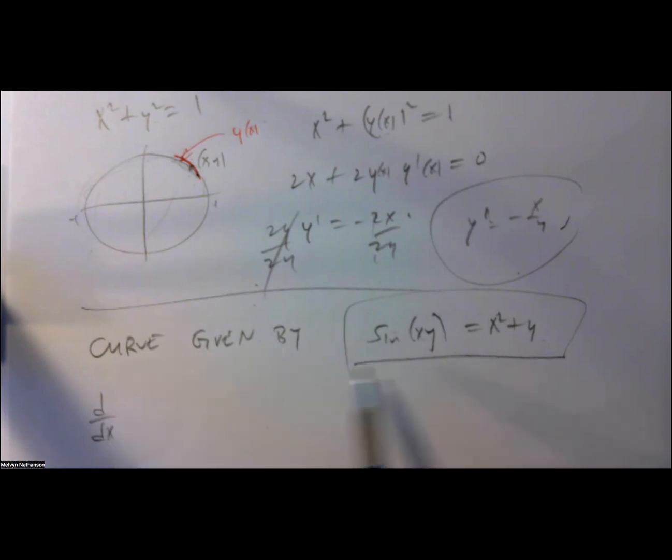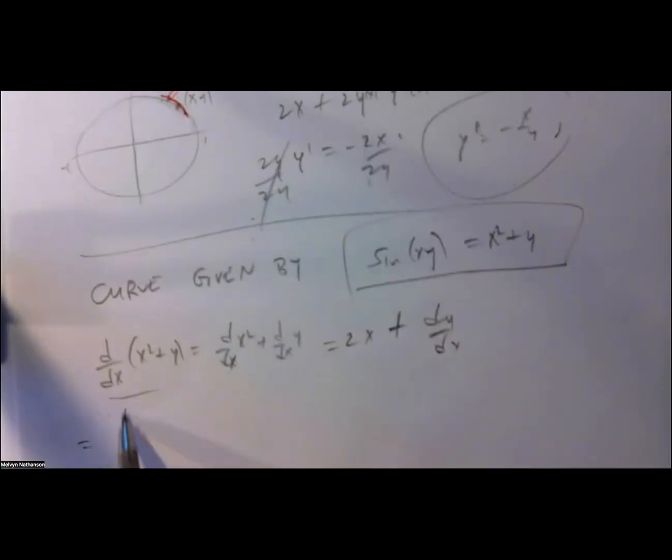So for example, the derivative with respect to x of the right-hand side, x squared plus y. That's the derivative with respect to x of x squared plus the derivative with respect to x of y. The derivative of x squared with respect to x is 2x plus what I'm trying to find out, dy dx. That's this.